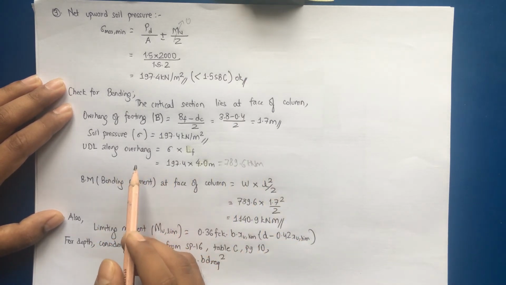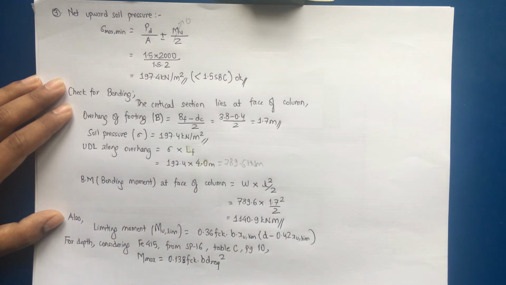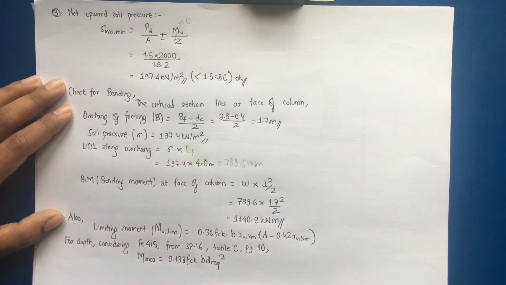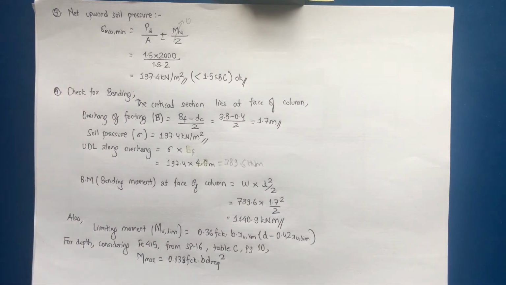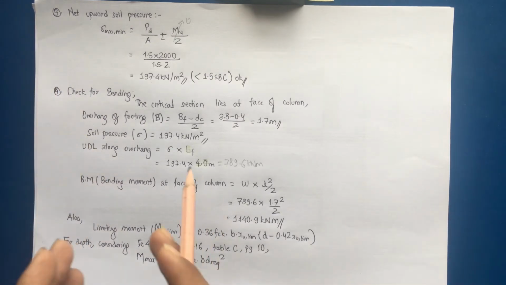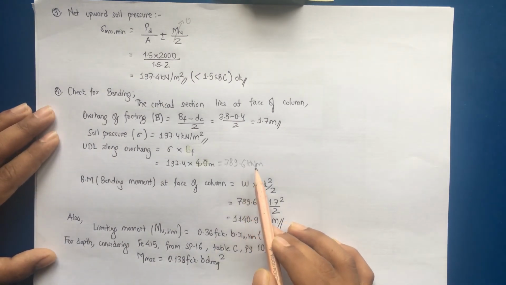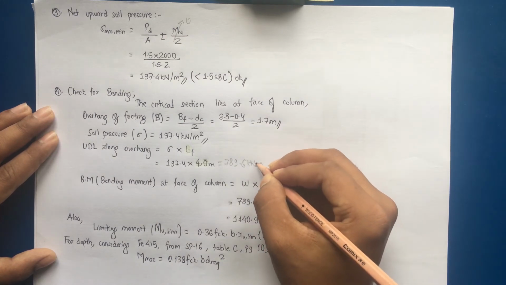As we have to check for a greater value, for a maximum limit, I am taking LF. I am not going to check for bending along BF. So I will take the maximum dimension and check for the bending. So this comes as 789.6 kilonewton per meter.